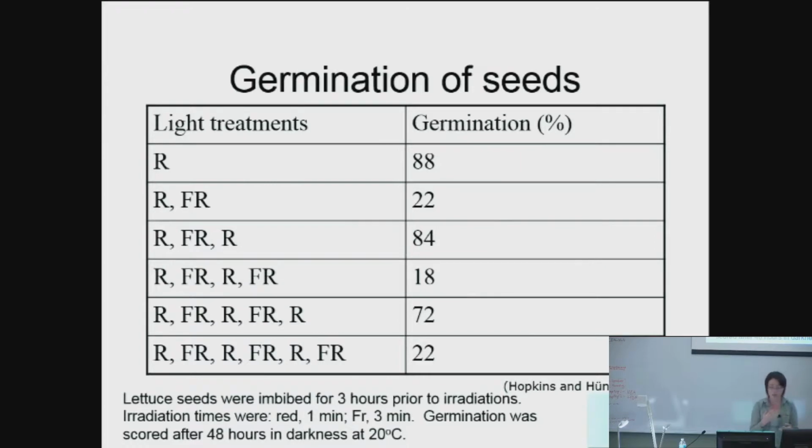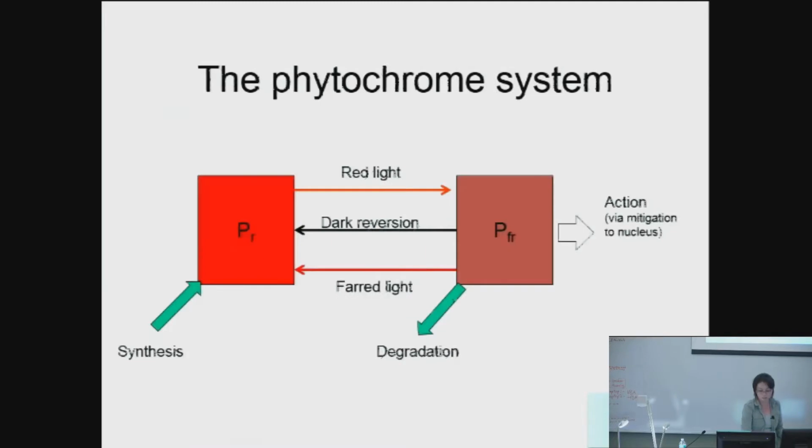That actually helped to develop the model of phytochromes, if you remember plant physiology or plant biology 101. Phytochrome is the pigment that absorbs certain wavelengths of light, and there are two forms that exist in plants. One is the far red absorbing form, the other is the red absorbing form.